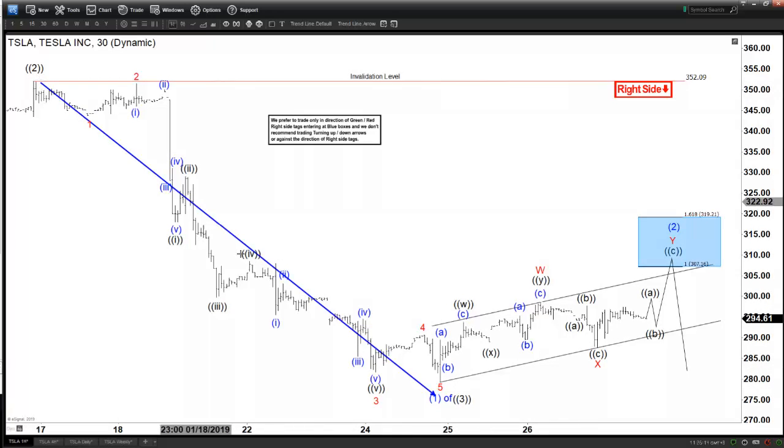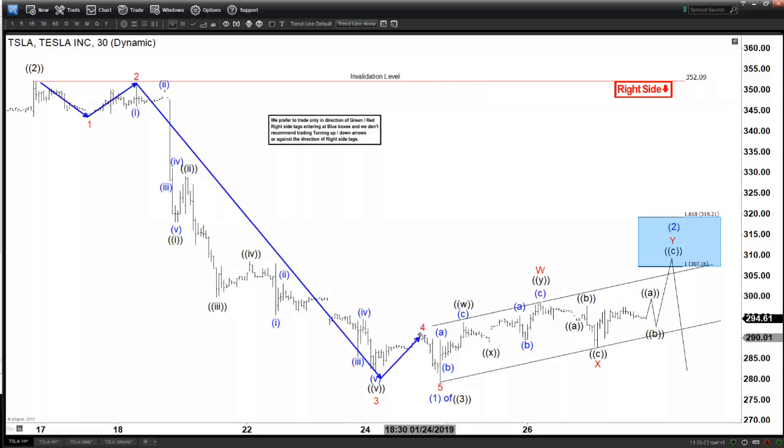And the subdivision of the wave 1 of 3 is also another impulse. So we can see in the subdivision a 1, 2, 3, 4, 5, right? And the subdivision of this wave 3 in red is also another 5 waves of lower degree.